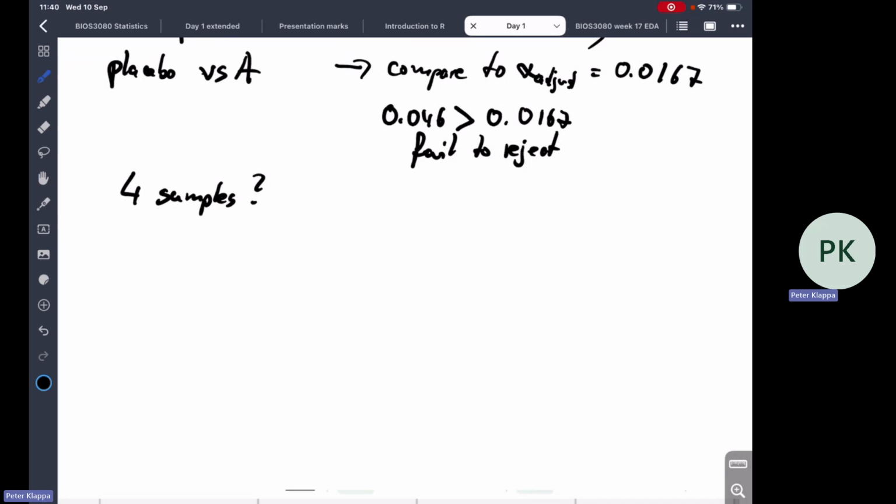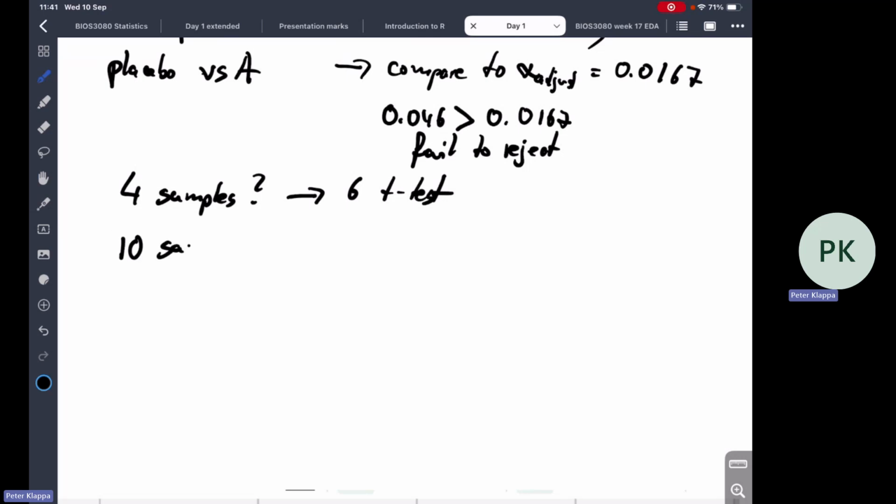That gives us 6 t-tests that we have to do. Manageable. Gets a little bit boring, but we have to adjust them. We divide alpha now by 6 because that's the 6 p-values that we get.